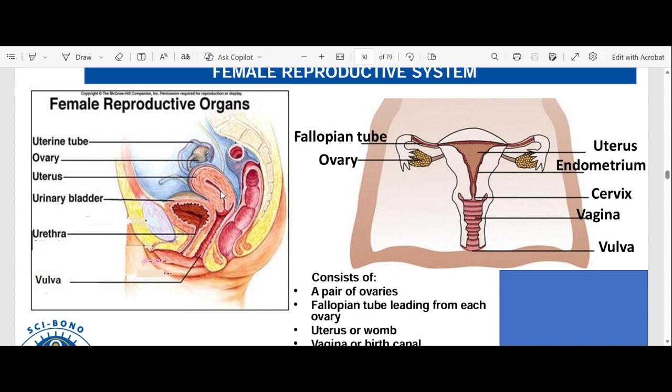From the uterus, there's a cervix at the tip of the uterus, or the ending of the uterus. Then from the cervix, we have the vagina. Then from the vagina, we have the tip here, and the tip is the vulva. I hope that makes a lot of sense.